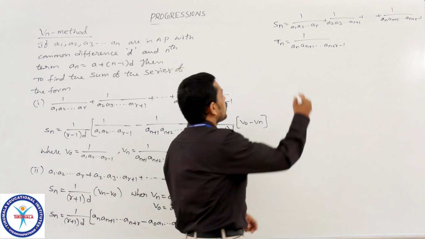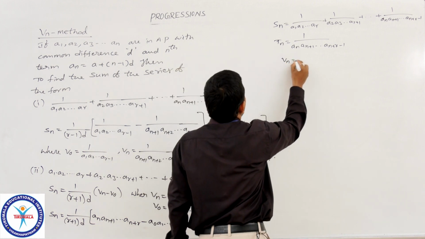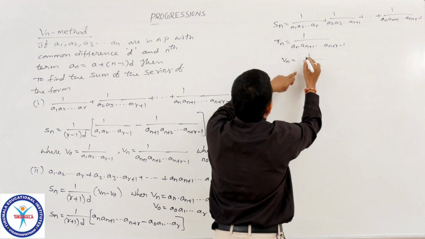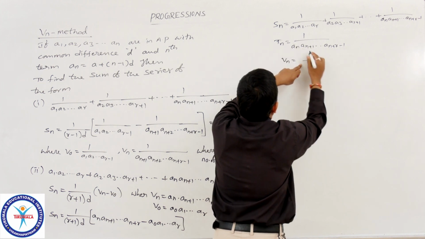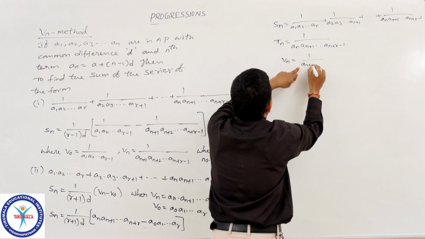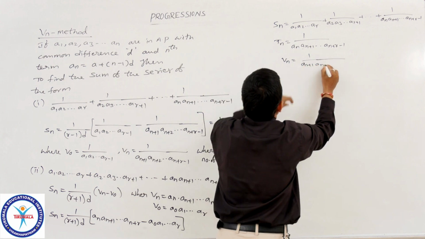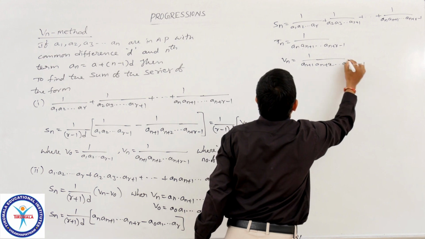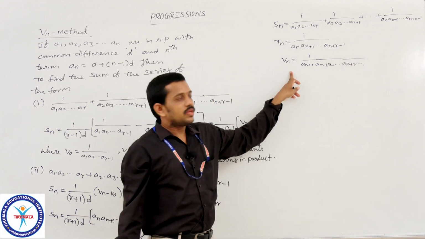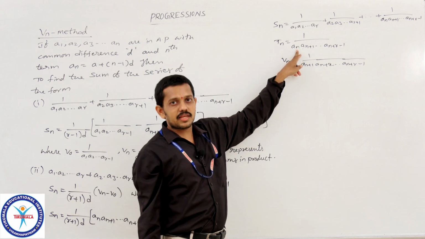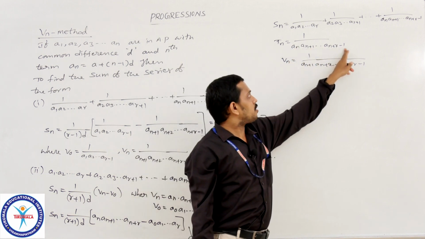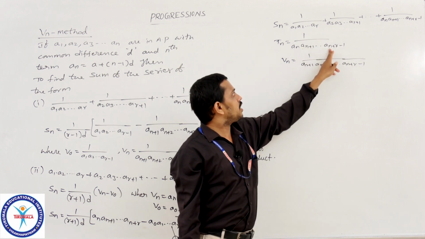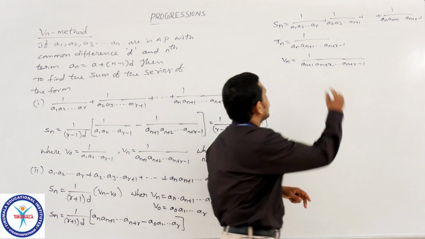So from this nth term, from the second term onwards, we will take 1 by the product of the second term onwards, that means an plus 1, an plus 2 and so on an plus r minus 1. Excluding this an, we will take the product of all the remaining terms.